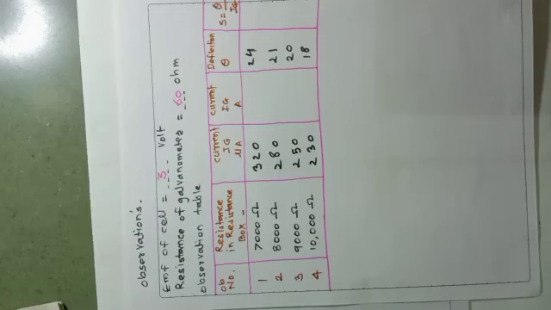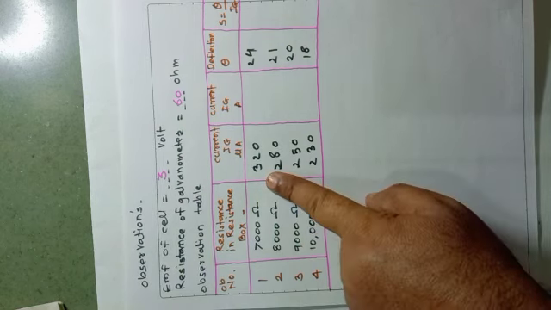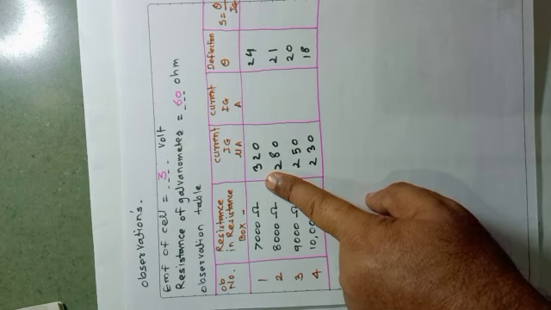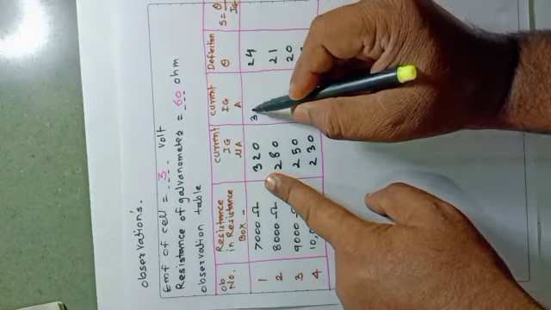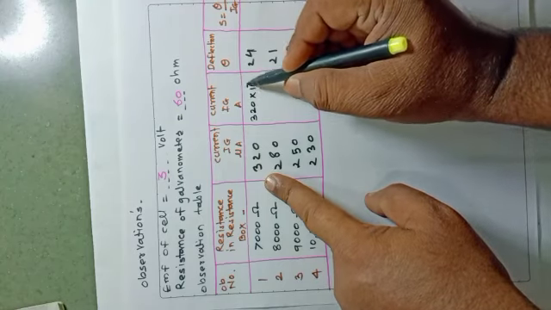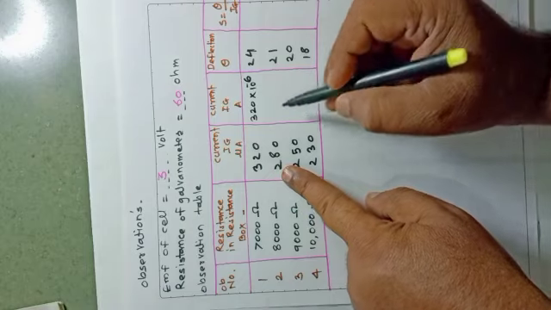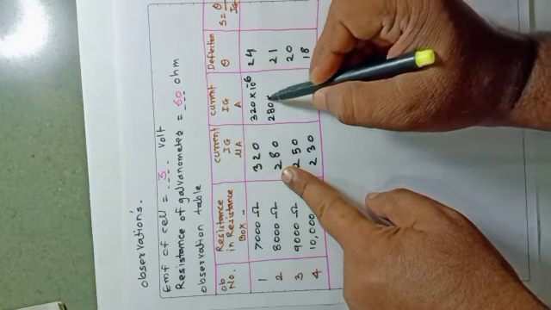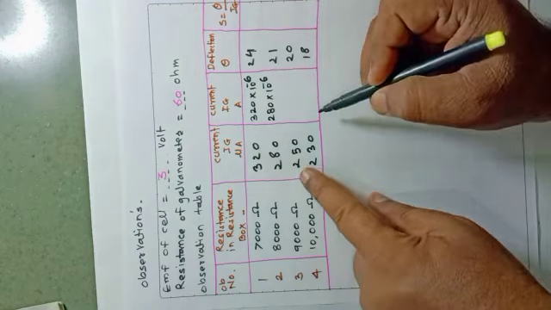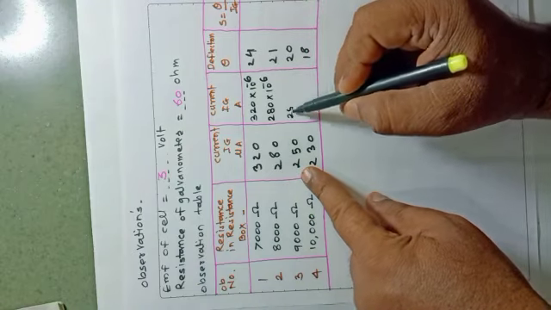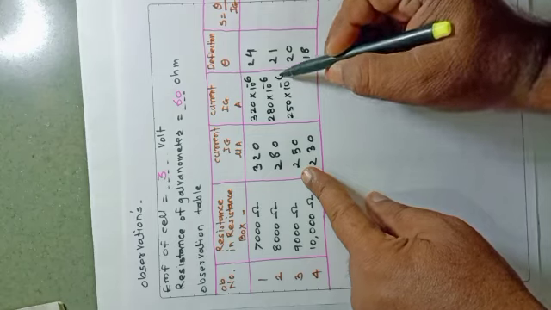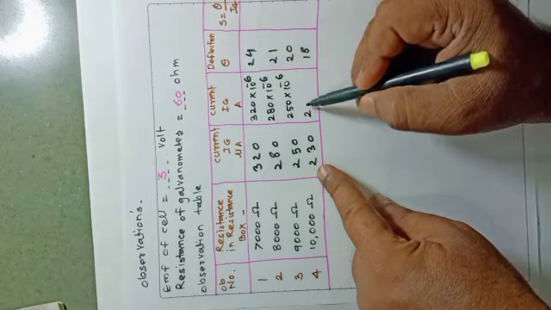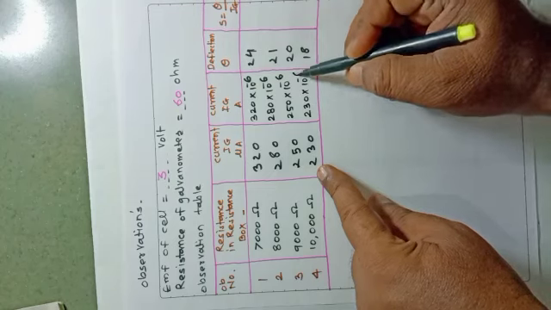Then we can perform the calculation by using the readings from the experiment. First of all, here we can find the current in the ammeter. The current in the ammeter will be 320 into 10 to the power minus 6, then 280 into 10 to the power minus 6, then 250 into 10 to the power minus 6, and 230 into 10 to the power minus 6.